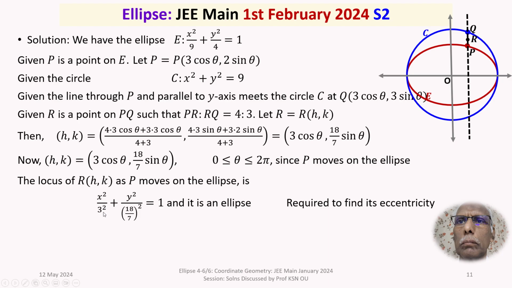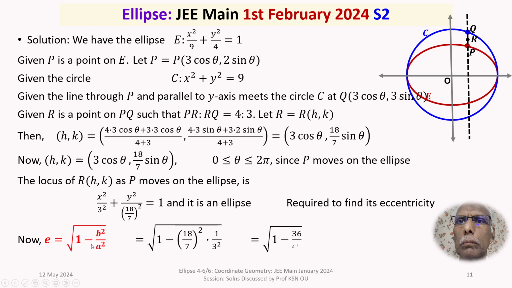Here x square by a square is 3 square plus y square by b square is (18 by 7) square is equal to 1. Now we are required to find its eccentricity. e is equal to the square root of 1 minus b square by a square, that is, the square root of 1 minus (18 by 7) whole square into 1 by 3 square.